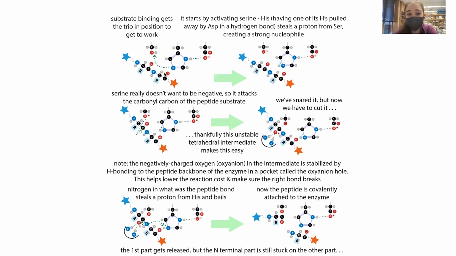So when the substrate binds, these catalytic residues, this triad, are going to be brought into position to act. And so this is going to activate it when you want it to be activated. So you only want to activate it if you have the right substrate bound.